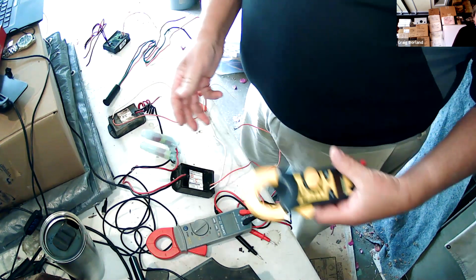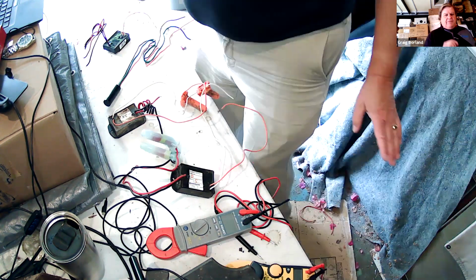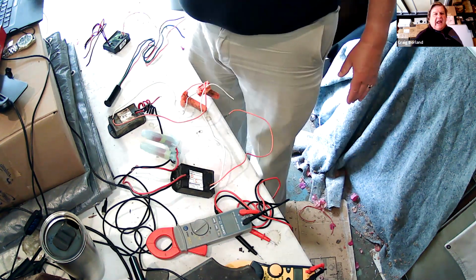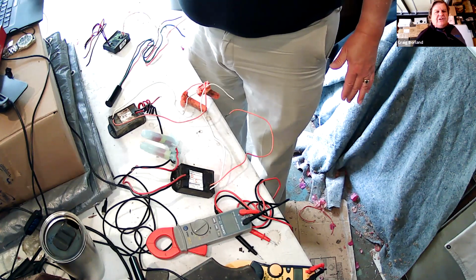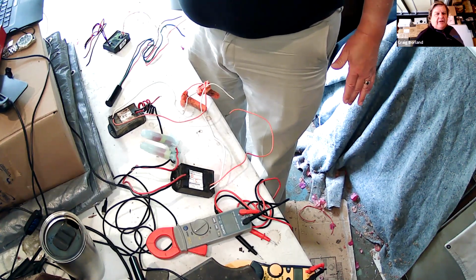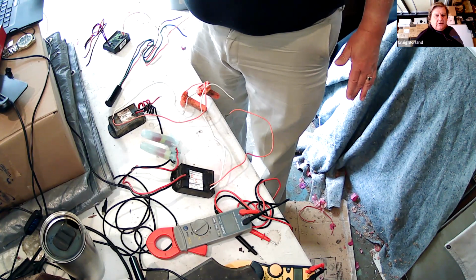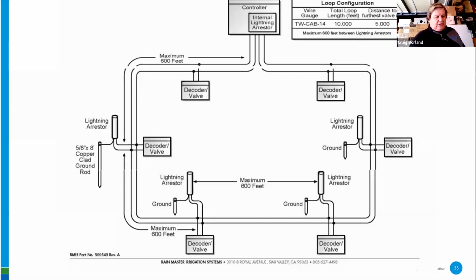We're dealing with milliamps, which are very, very tiny amps in the system. That's what makes it very difficult, because you have to have that specific device to measure that little amount of current. The milliamps are very small and hard to read on any conventional meter.